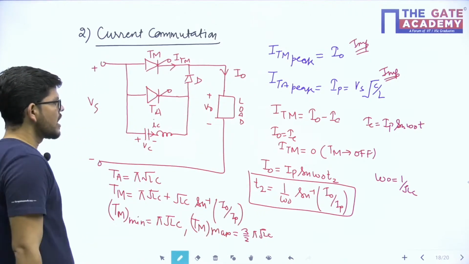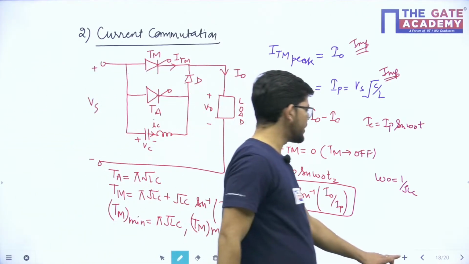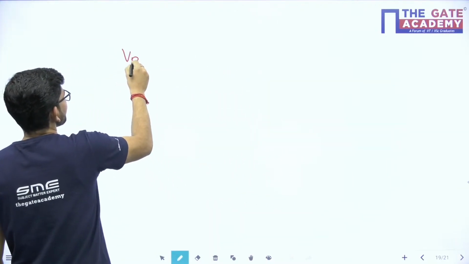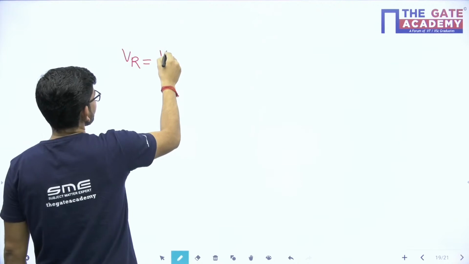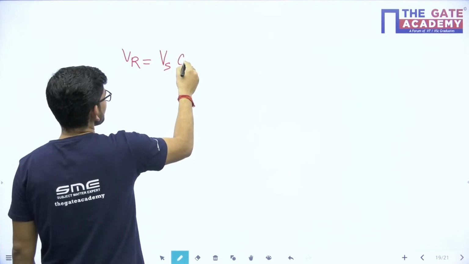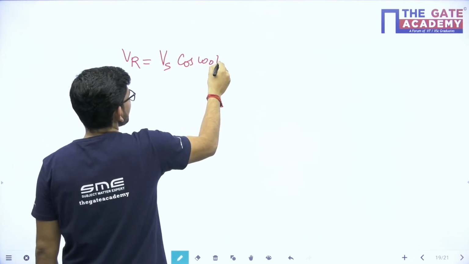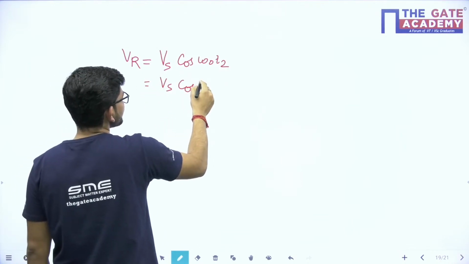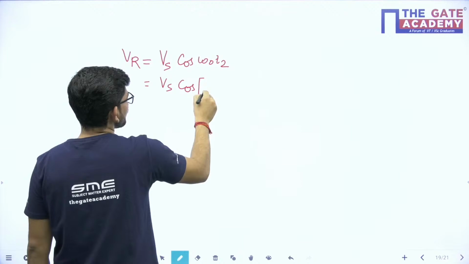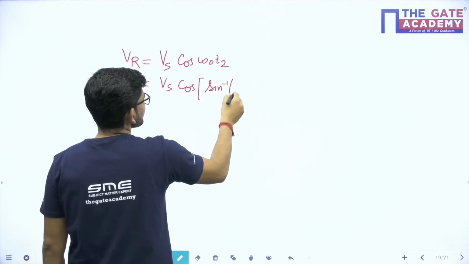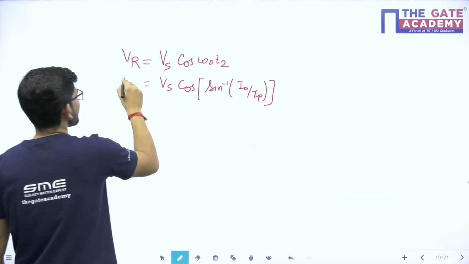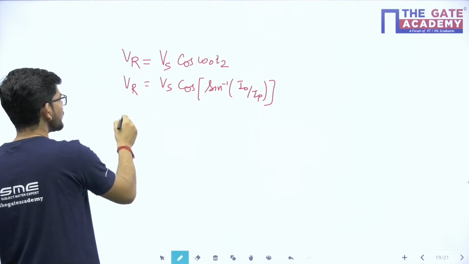After that, what will be the reverse voltage applied across the main thyristor? The reverse voltage is equal to Vs cos omega naught T2, and you know the value of omega naught T2. I have just calculated, this is equal to sine inverse I0 upon IP. This is the reverse voltage that will be applied across the thyristor.